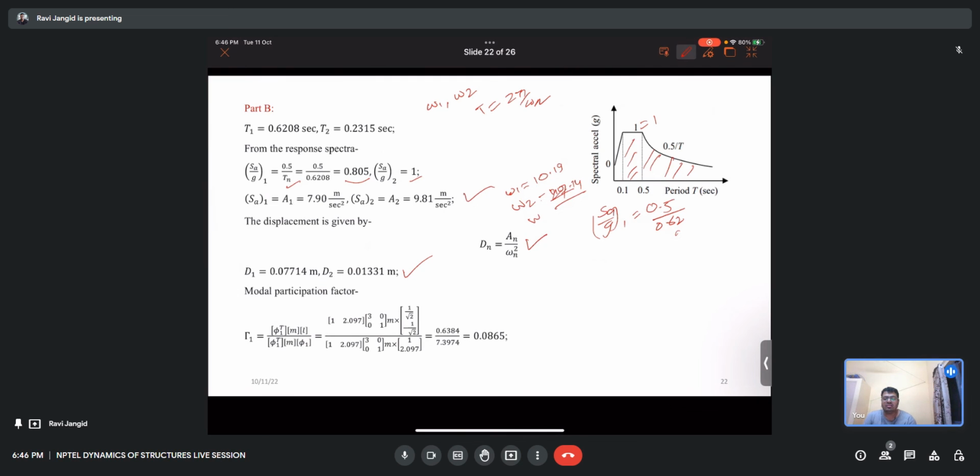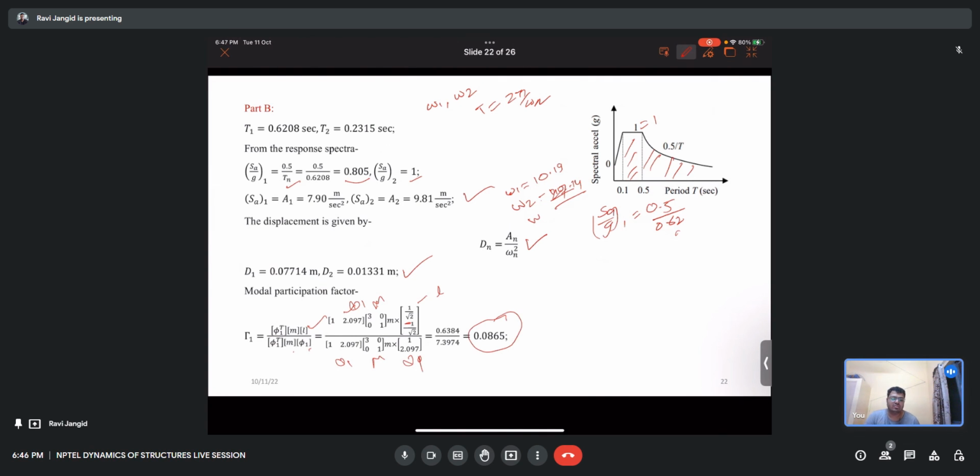For this, gamma 1 is phi 1 transpose, mass matrix, L, divided by phi 1 transpose, mass matrix, phi 1. This is the phi 1 which I have calculated. This is the mass matrix, and this is my influence factor L, and the negative sign should be there also.